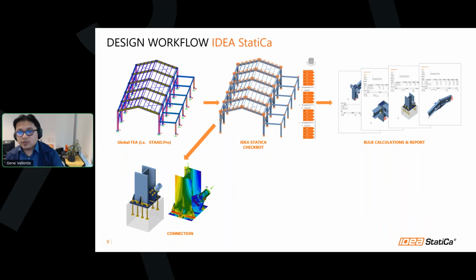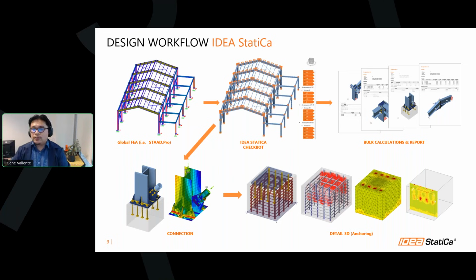And in the calculations, should we find something different, for example, for anchoring there are some failures, then that's the time we need to make use of the detailed 3D to further verify the anchoring itself for the concrete block. So that's basically it. Let me just go through the demonstration in this case.